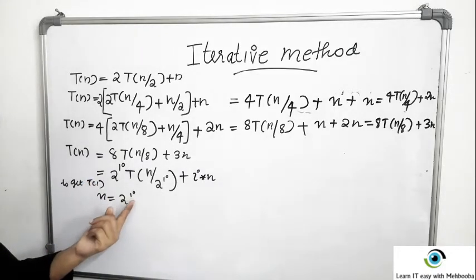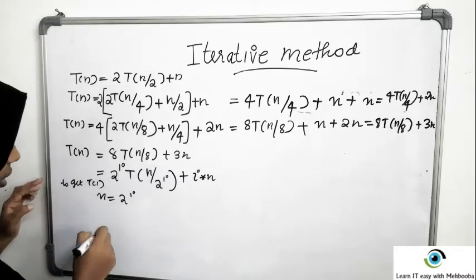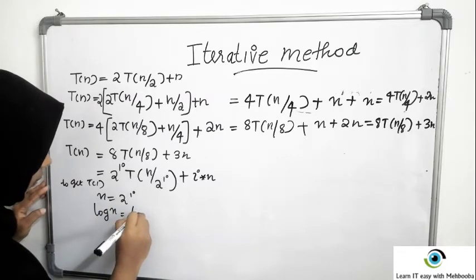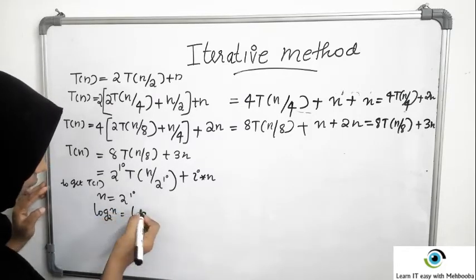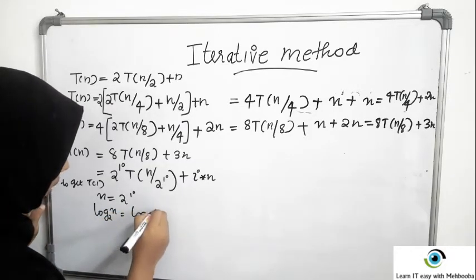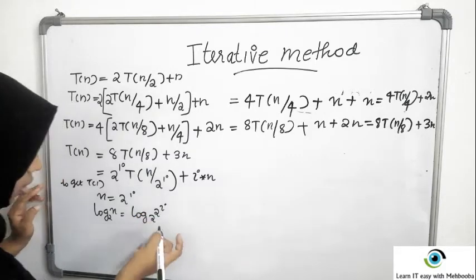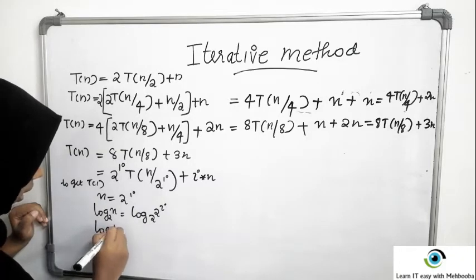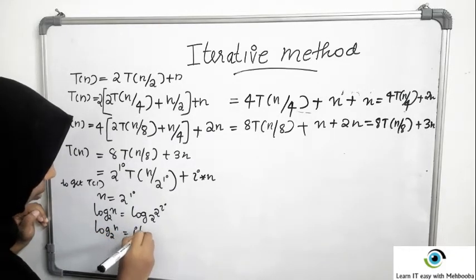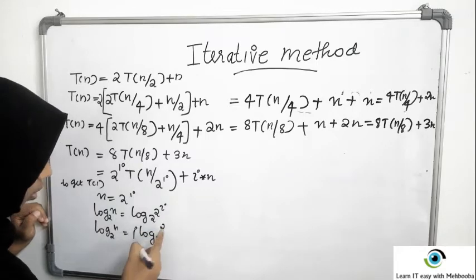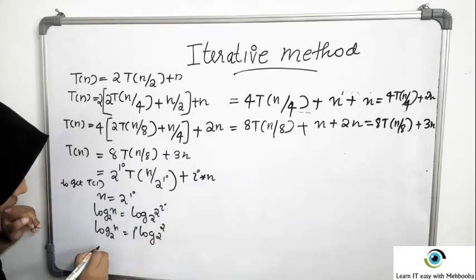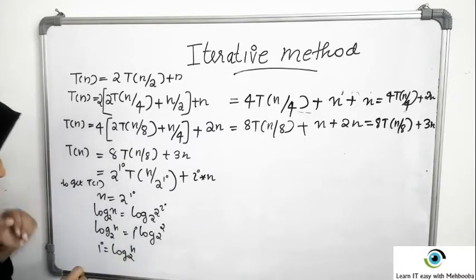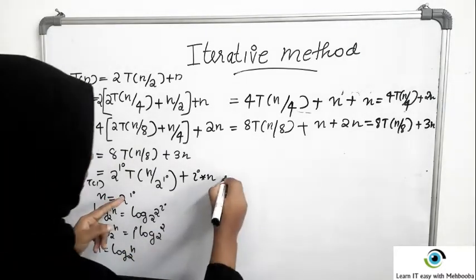So to get this value of i, we can take log on both sides. So log n to the base 2, I am taking log to the base 2 of 2 raised to i. With the property of logarithm, I am writing it as i into log 2 to the base 2, and log 2 to the base 2 is 1. So i is equal to log n to the base 2. So I am substituting that.